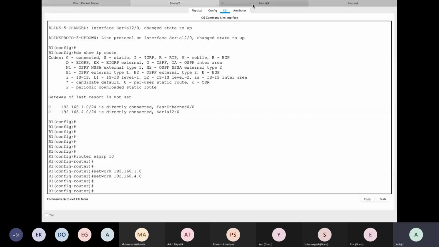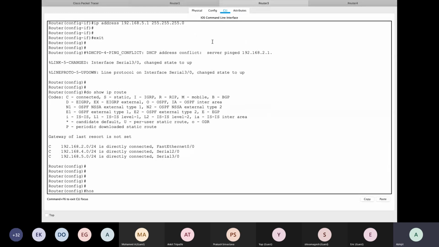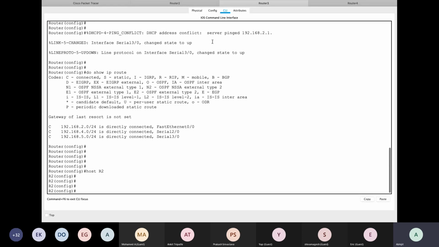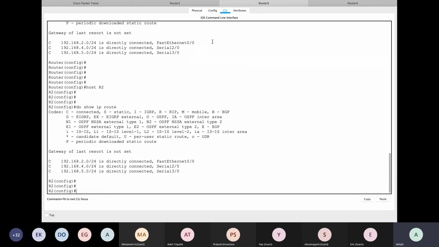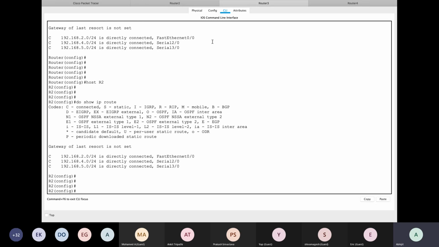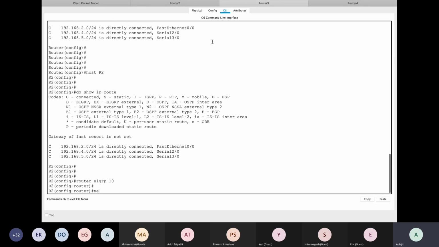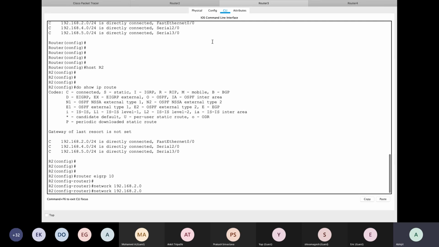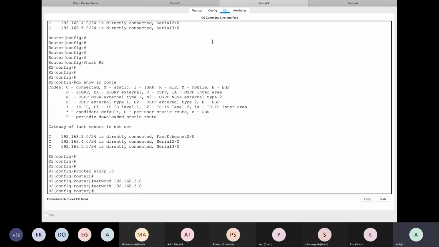Okay, then go on to the next router, which is our R2, and then check your routing table, do show IP route, and then I would say router EIGRP 10, network 192.168.2.0, 4, oh sorry, no, that's a false route that I have advertised. So I'll remove that route by saying no network.